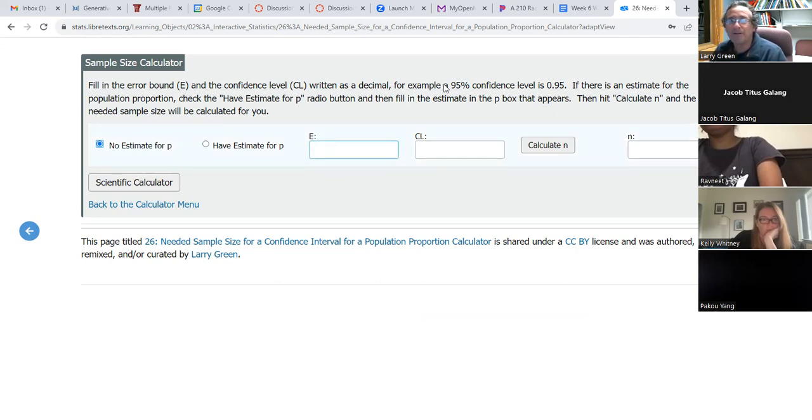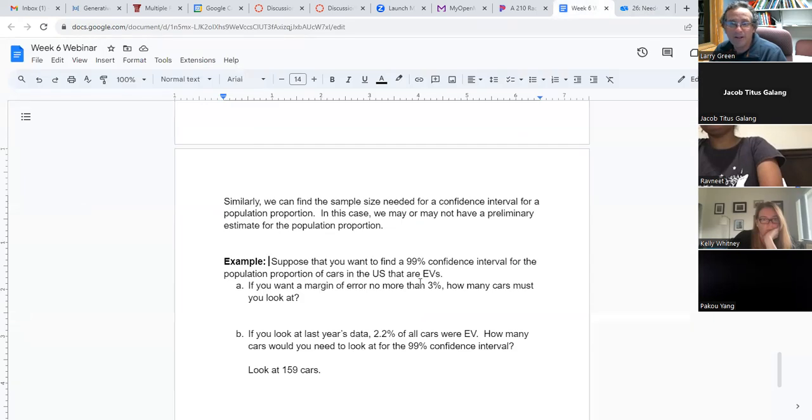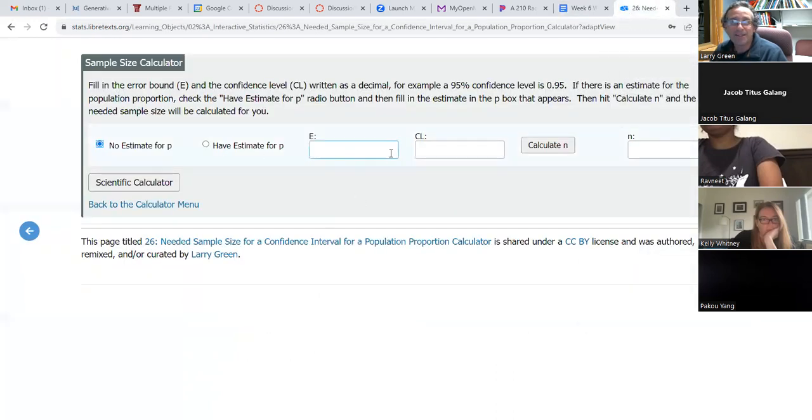So we just want to write down what is the margin of error. We want a margin of error of no more than 3%. Something you do have to know how to do is turn 3% into a decimal. What is it?